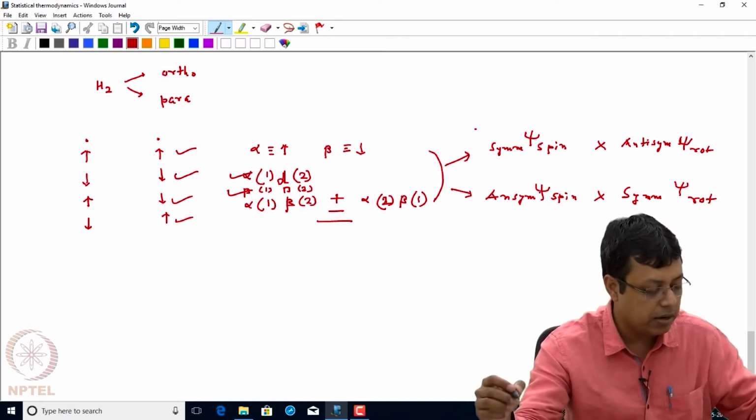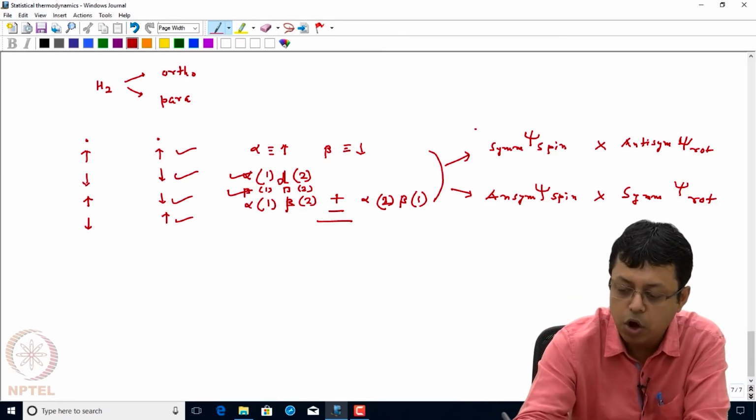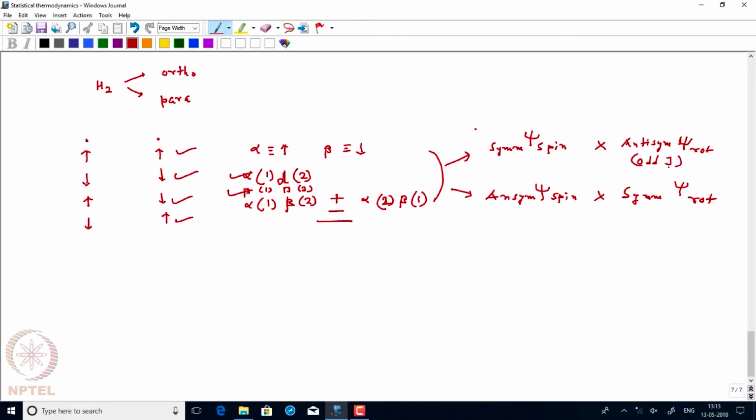Now the antisymmetric psi spin is related to the odd j values, and the symmetric one is related to the even j values. If we talk in terms of the partition function, it is the sum over 2j plus 1 times e to the power minus beta epsilon j, and the sum is taken over all j.